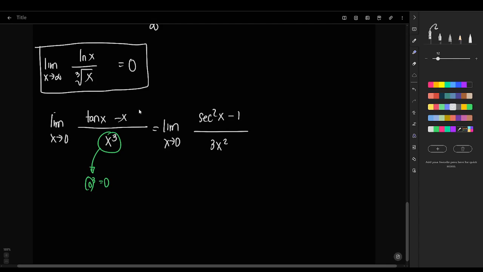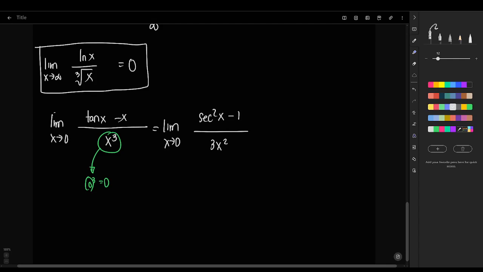So these are the steps we need to follow. So since you are simplifying it already, that is secant squared x minus 1 all over 3x squared, right?